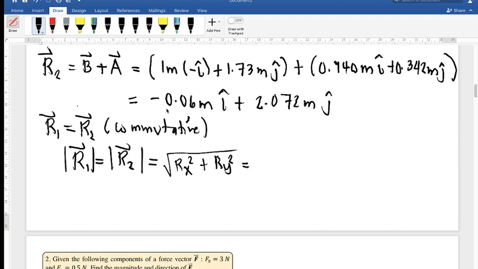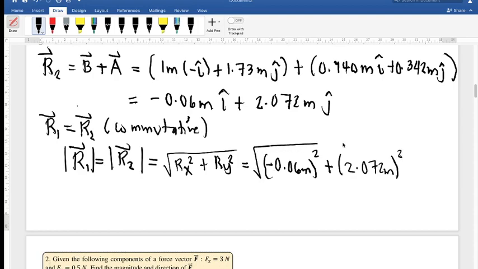The next, your Rx is negative 0.06 meters. So that is negative 0.06 meter squared. Tapos yung Ry is 2.072 meter squared.